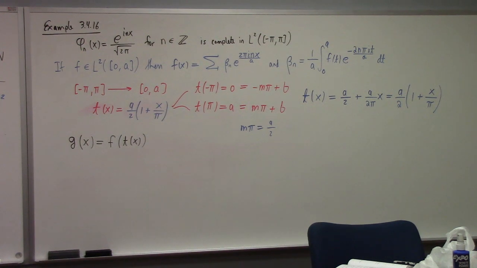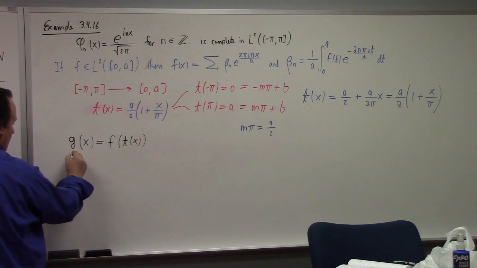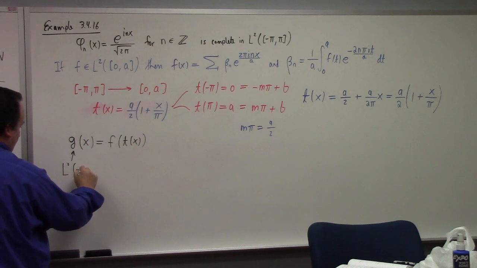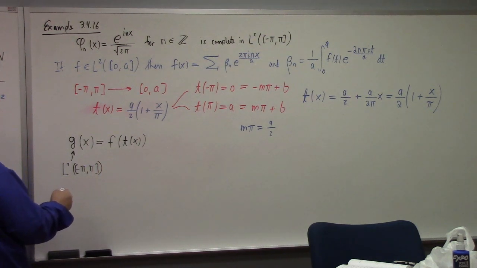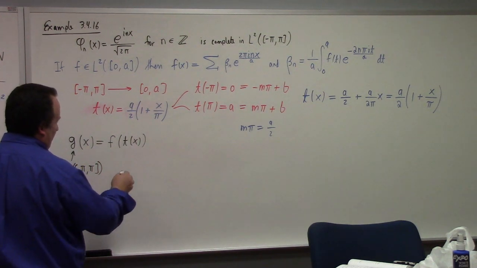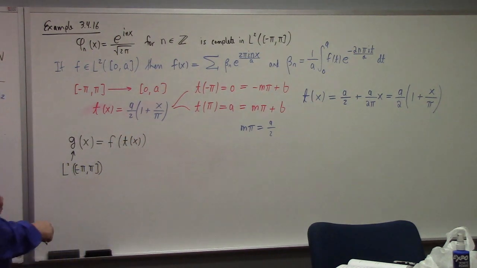X ranges from minus pi to pi. And so this is the bridge between worlds. Here g is in L2 of minus pi to pi, and f is in L2 of 0 to a.